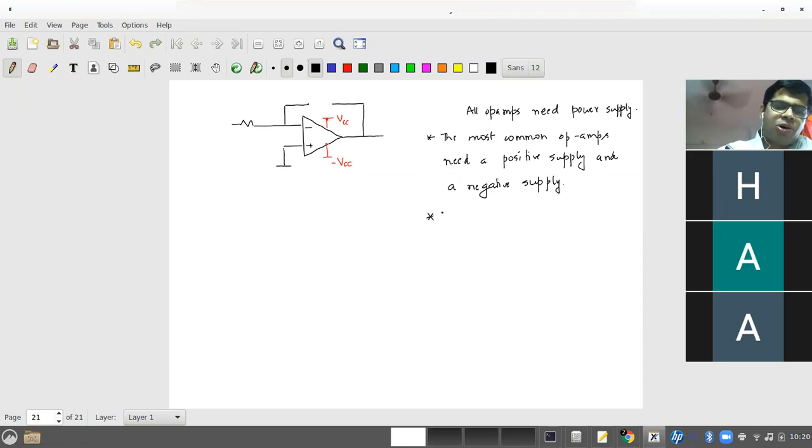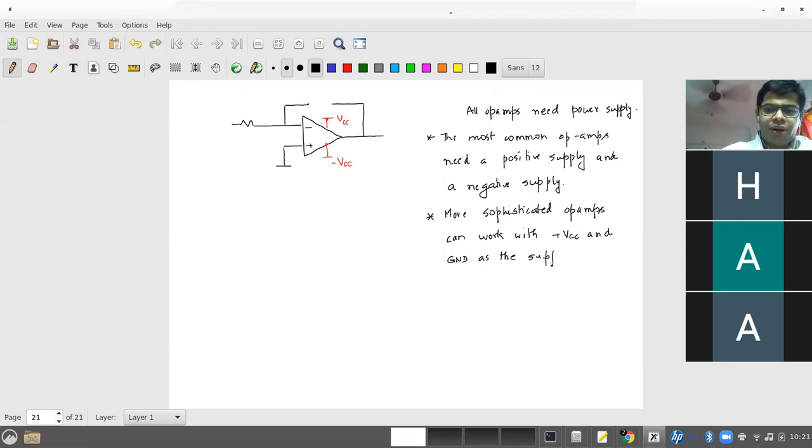More sophisticated op amps can work with plus VCC and ground as the supplies. These kinds of op amps are called single supply op amps.